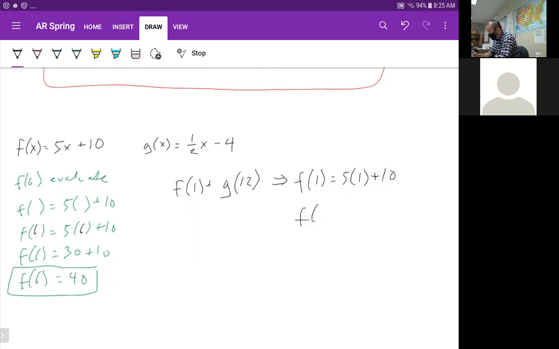So f of 1 equals 15. I'm going to do g of 12 equals 1/2 times 12 minus 4. So that's going to be 6 minus 4, which is 2.